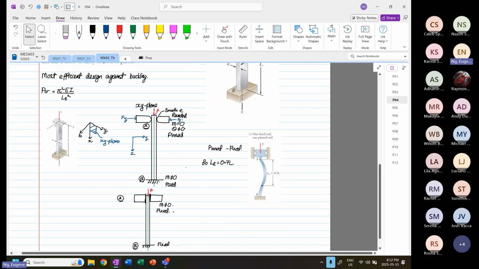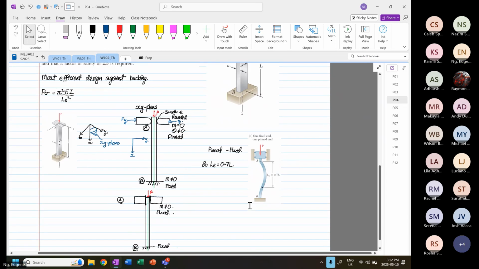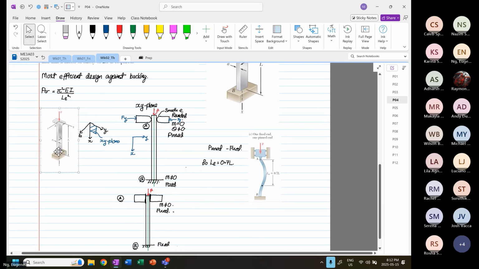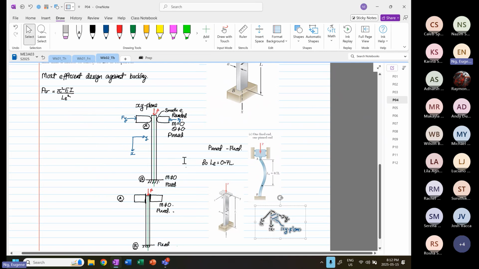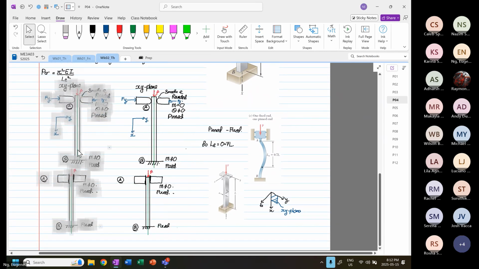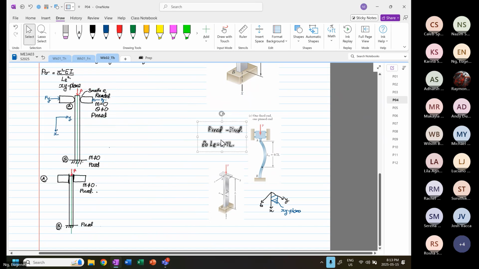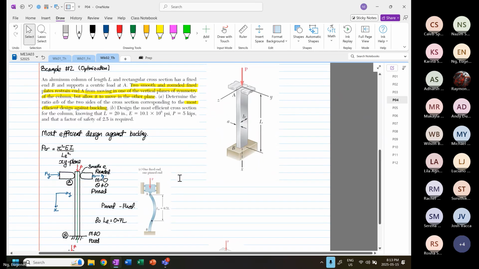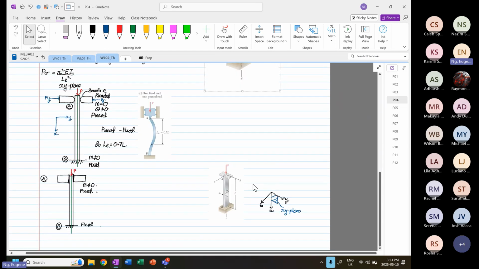Now, next we are going to look at a different plane. Bear with me, I'll move this away. I want to do it side by side so that you can see it better. So the next one is now a different axis.